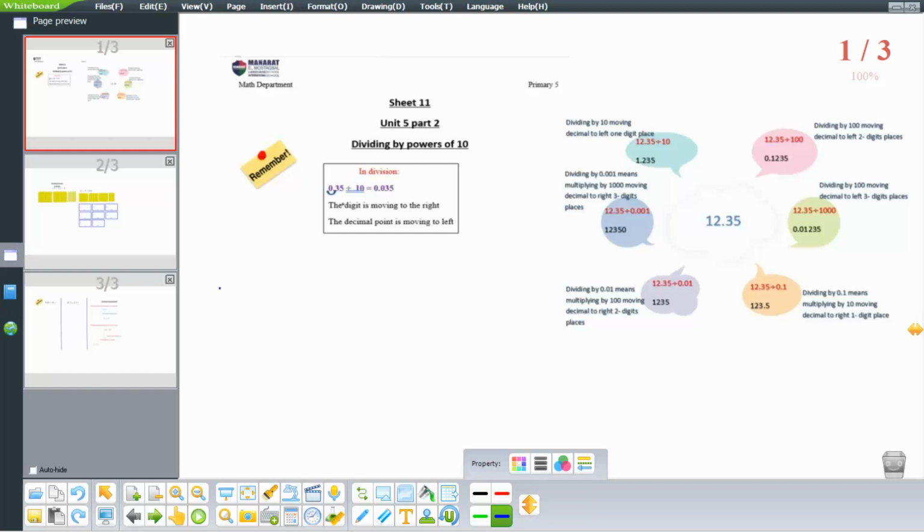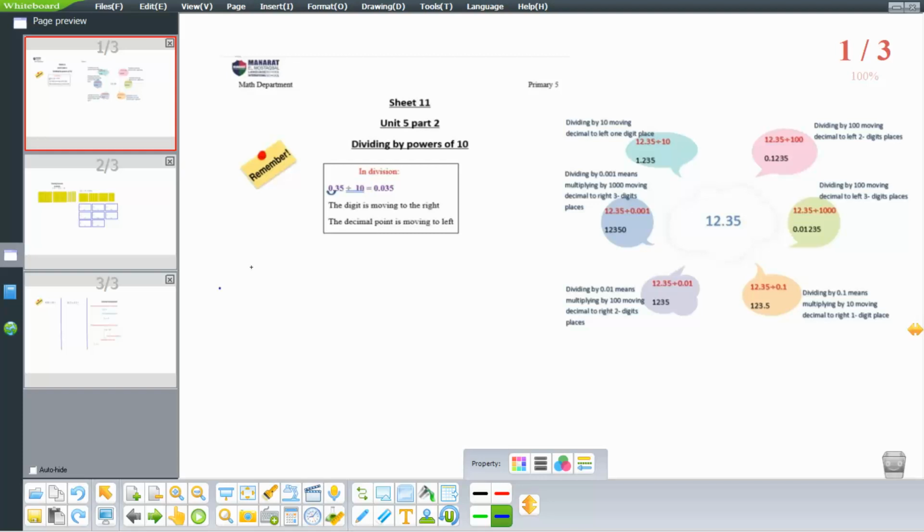Do you remember when we took multiplying by power of 10 before? We said also dividing by power of 10. If we have 0.35 divided by 10, we can move the decimal.